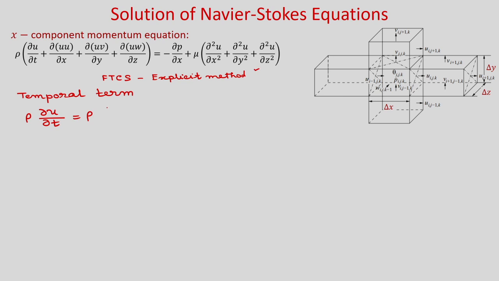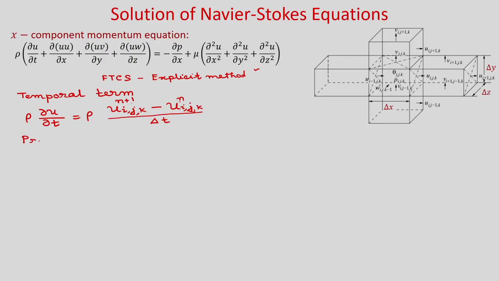Then you can write u i j k n plus 1 minus u i j k n. We are discretizing with respect to time, that is why we are writing n plus 1 and n, divided by the time step size, that is your delta t.